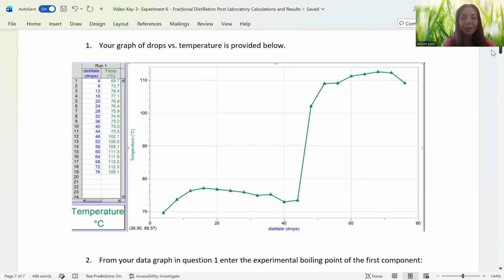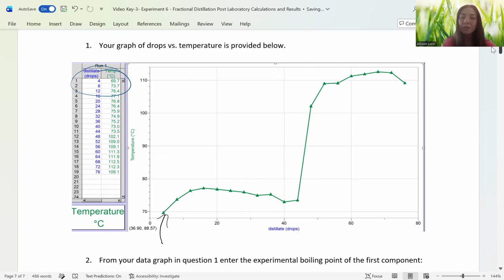But we can see that there are data points collected for every 4 drops. And then these are the temperatures that are referenced in the graph. So when you're asked about components 1 and 2, our first component would be the one that distilled first.